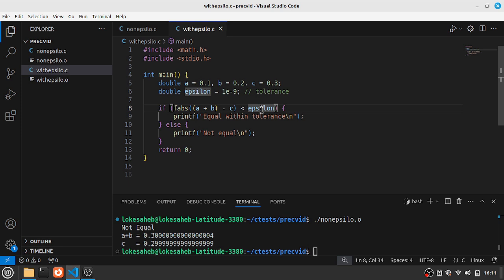If that difference is very small, then you can consider the values equal.